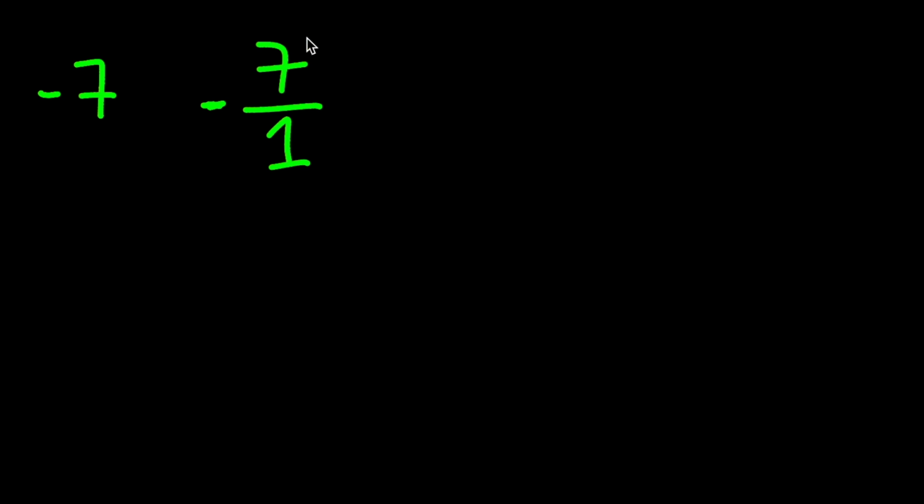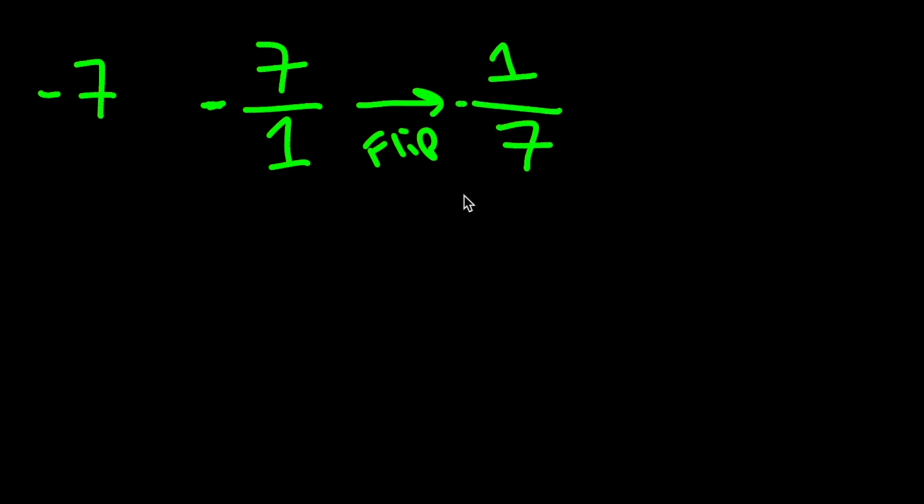And then we're going to flip, and it becomes negative 1 over 7. Let me write that a little bit better. So it's going to be negative 1 over 7. There we go.